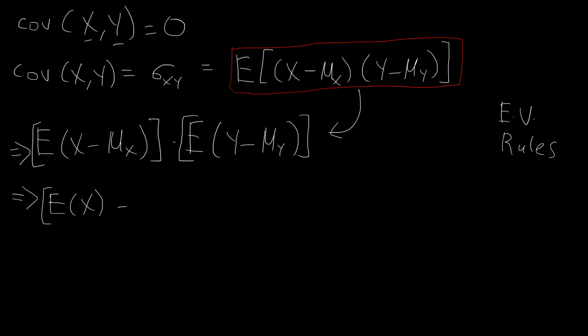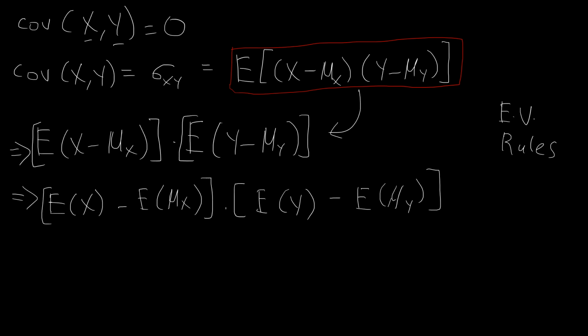This becomes expected value of x minus the expected value of mu x times expected value of y minus the expected value of mu y. Okay, cool. Now remember that the expected value of mu x is simply going to equal mu x, and similarly the expected value of mu y is simply going to equal mu y. Why? Because these are just constants, right?